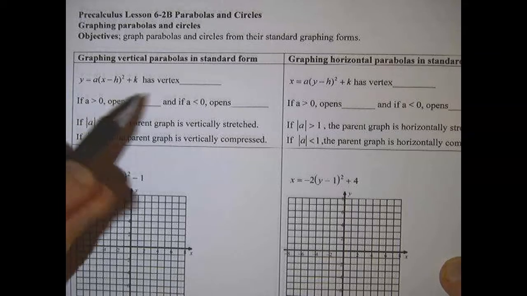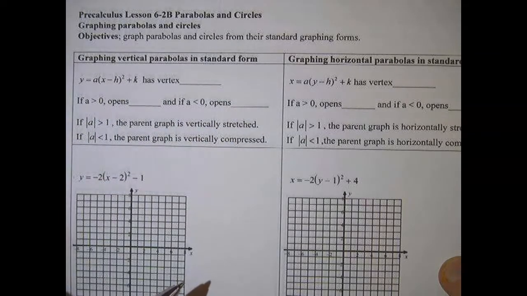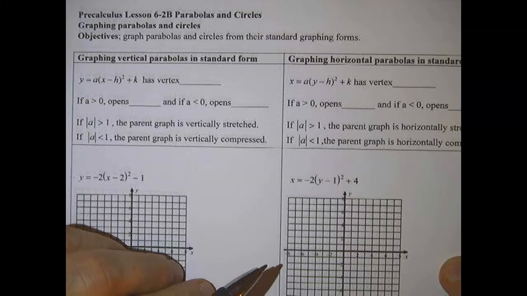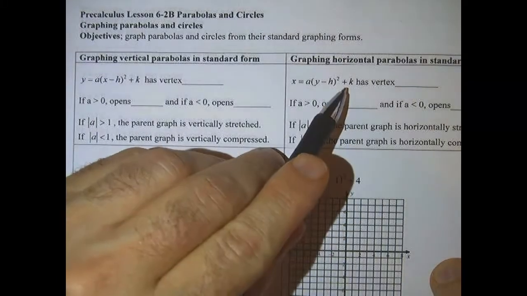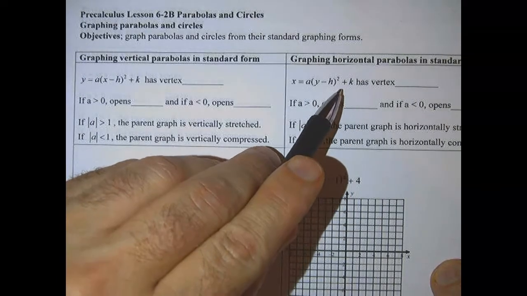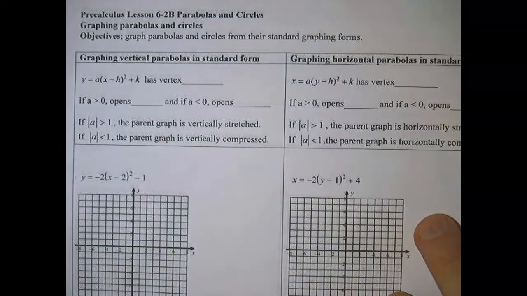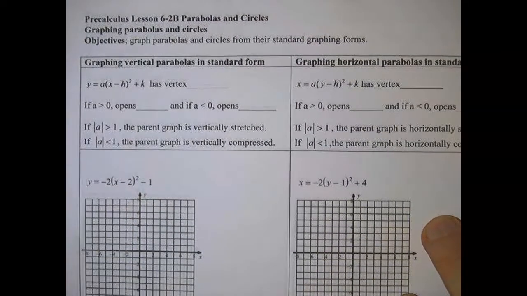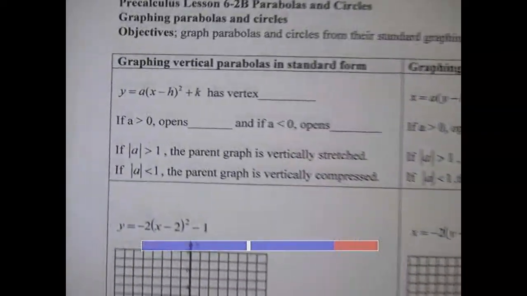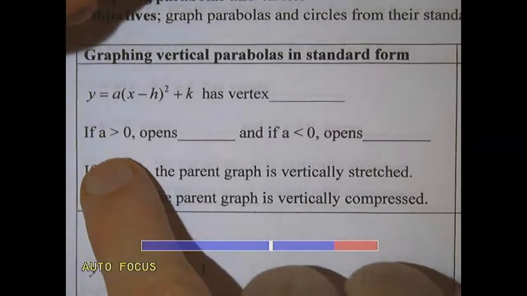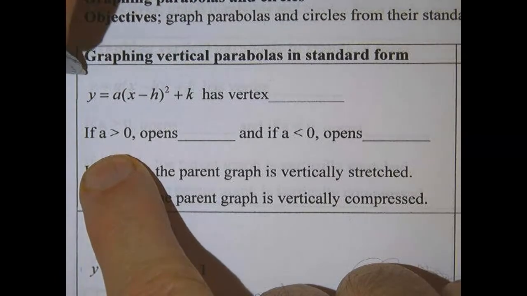Now, the equations that I have here, I decided after printing these notes that this is not the ideal way of remembering these equations. In this one, you can make the vertex KH, but that just makes things more confusing. So we're going to rethink this. We're just going to put the K on the other side.